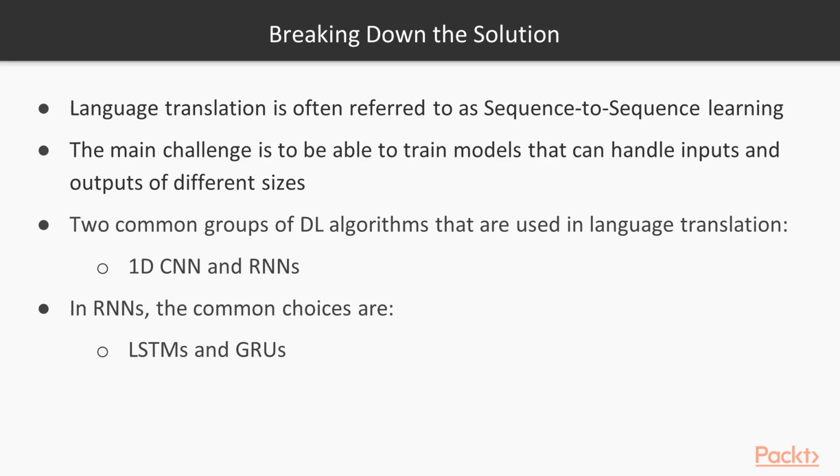Within those recurrent neural networks, we have two choices that are also quite popular, which are long short-term memory networks and also GRU networks. GRUs are really a simplified version of LSTMs. You can think about them in that way. In this particular solution, we've chosen to use the long short-term memory networks. They are quite popular right now, and I also get really nice results with those networks.